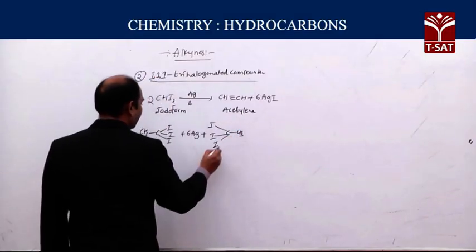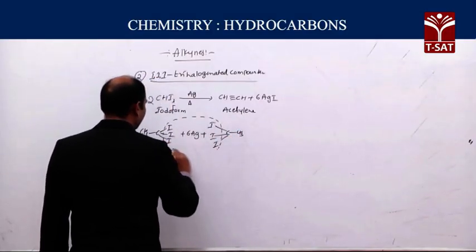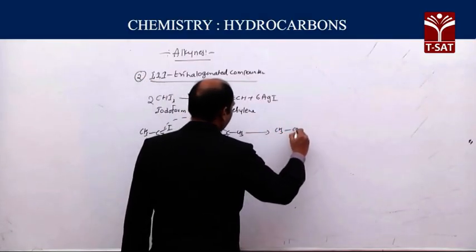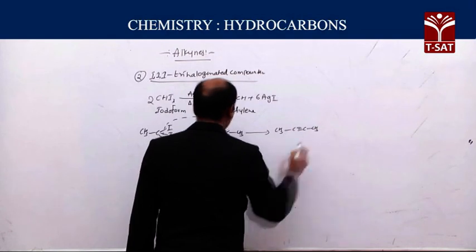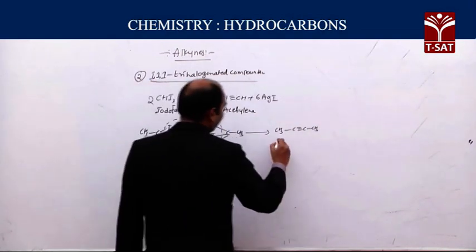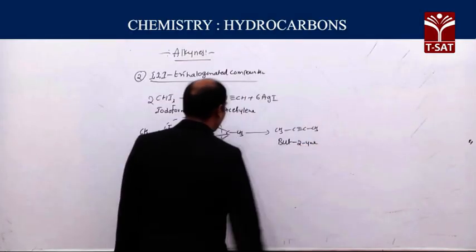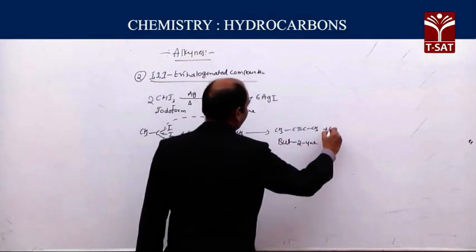What happens here? 6AgI is eliminated. So what we get is CH3 C triple bond C CH3, butyne is formed, plus the byproduct 6AgI.